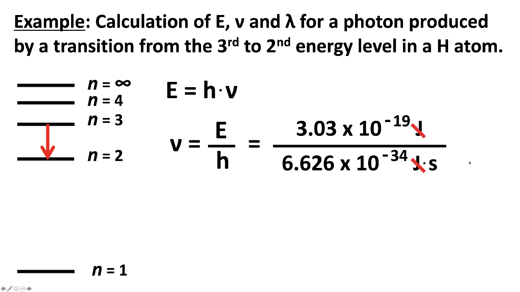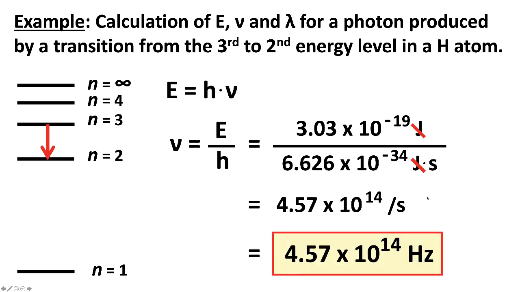Note that units of joules cancel. Doing the math, dividing this out, we get 4.57 times 10 to the 14th. And then notice the units are per second, which is also called hertz. So the frequency of the photon produced by this transition is 4.57 times 10 to the 14th hertz.